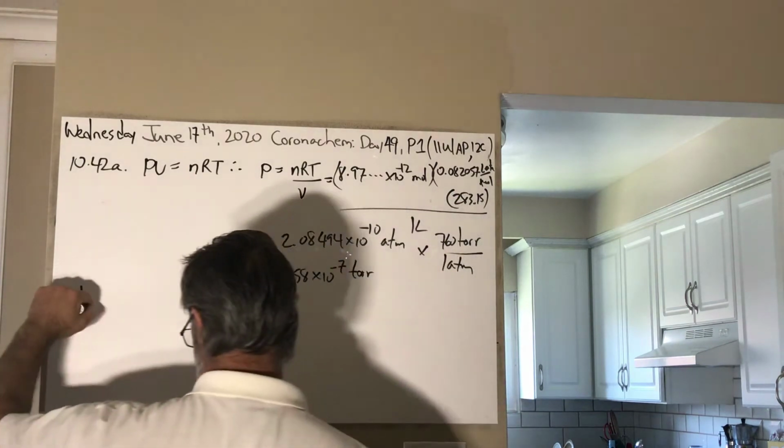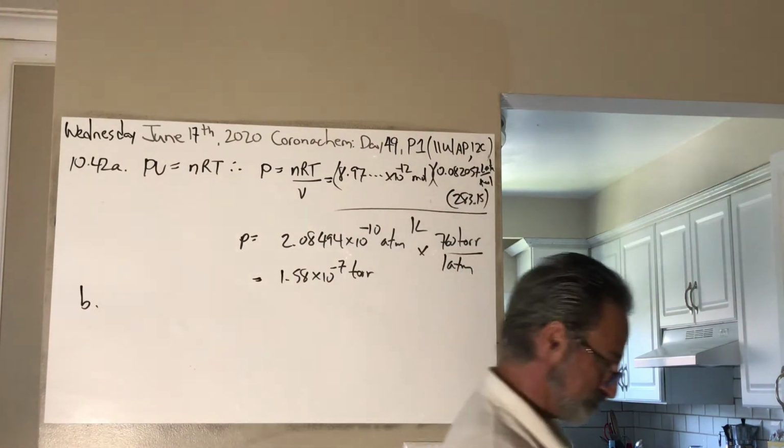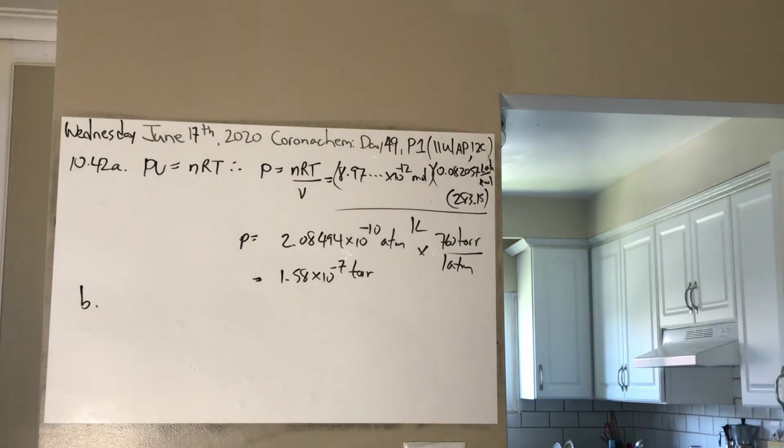Now on part B, they ask, just to recap, the number of mercury atoms per cubic meter in the gas.